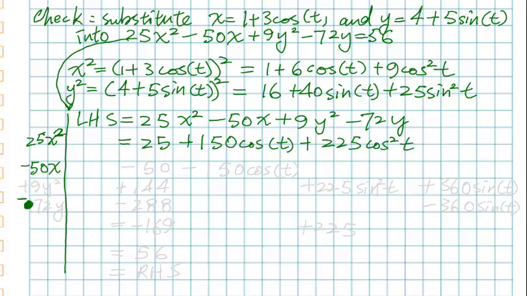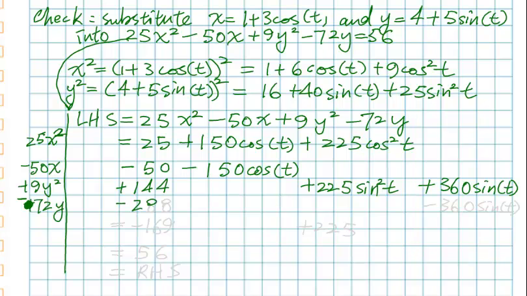For the second term, negative 50x, we have minus 50 minus 150 cosine of t. For the third term, 9y squared, we have plus 144 plus 225 sine squared of t plus 360 sine of t. For the last term, negative 72y, we have minus 288 minus 360 sine of t.